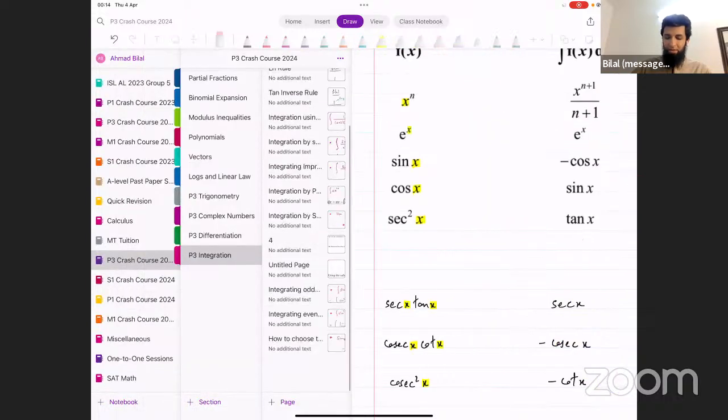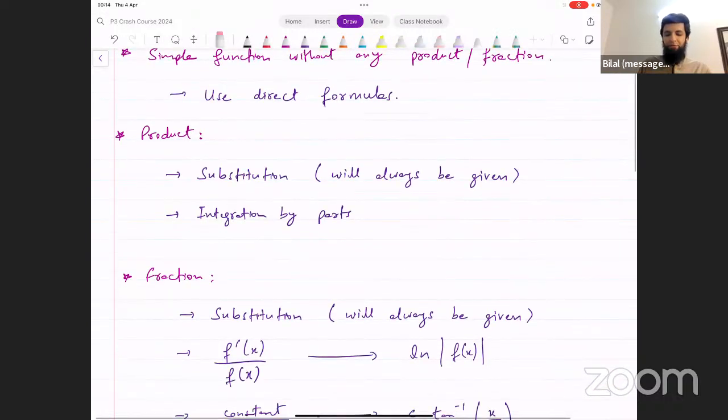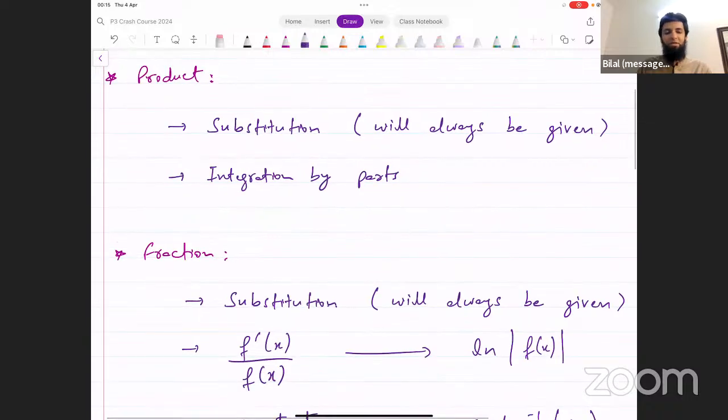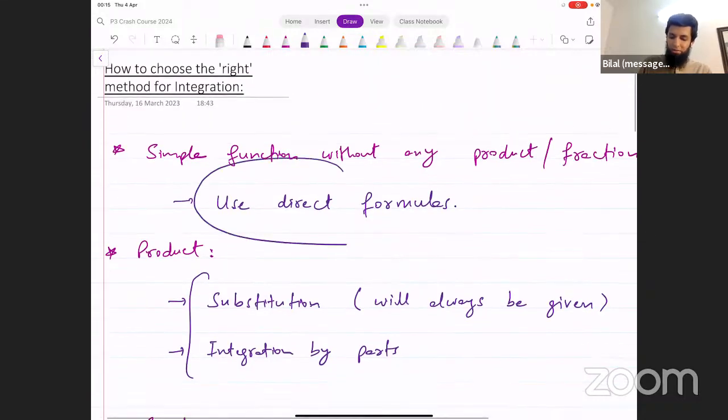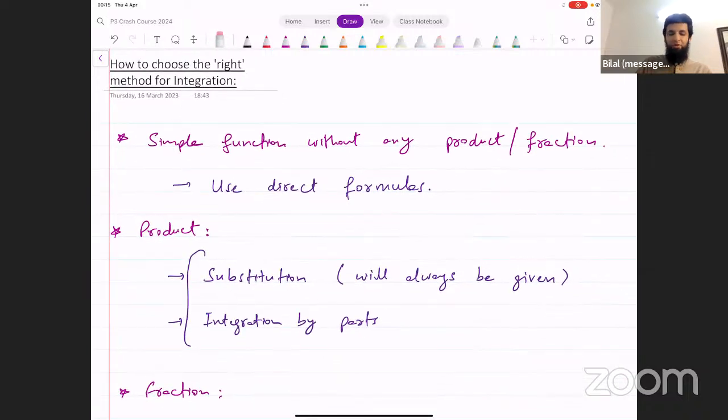Then you could have a product. If you have a product, you have 2 possibilities, only 2 possibilities. You could use substitution or integration by parts. So if it's not one of the earlier forms where you can use direct formulas, for example, for secant x into tan x, you could use this direct formula that this integrates to secant x.